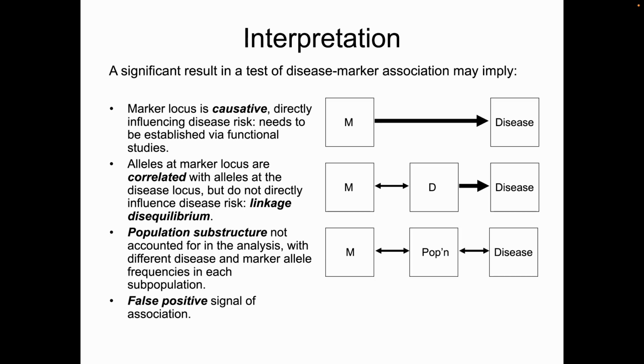Alternatively, it could just be correlated with it due to linkage disequilibrium. That's what I was talking about with population structure. You can also have other ways that population substructure, I guess these are really tied together, population substructure and linkage disequilibrium.